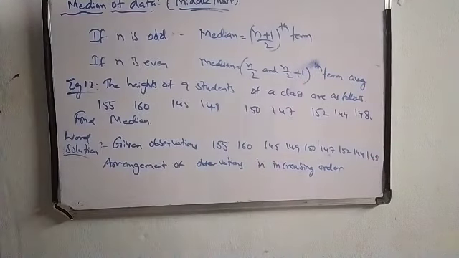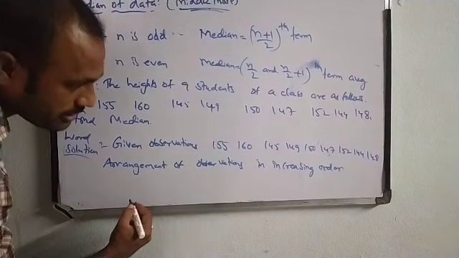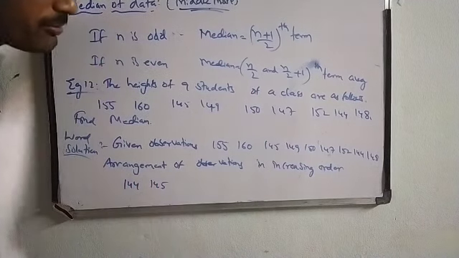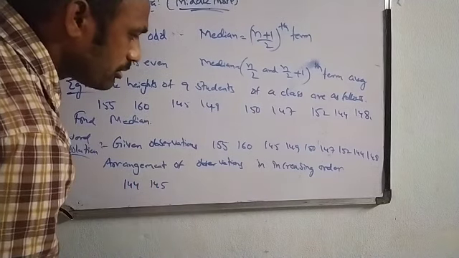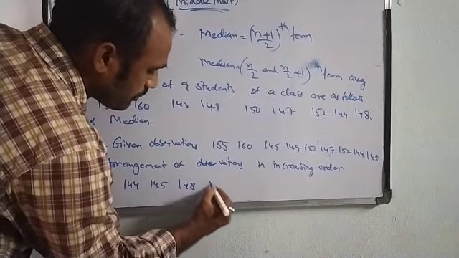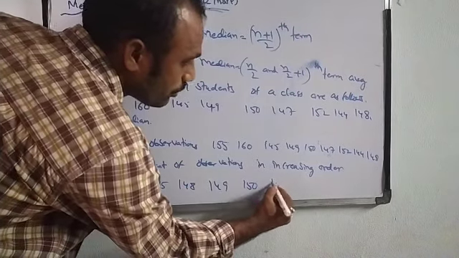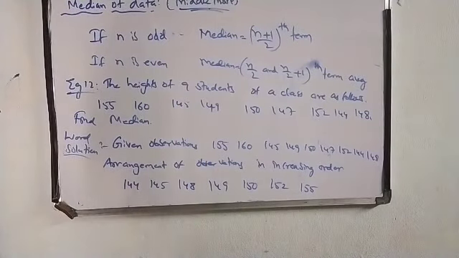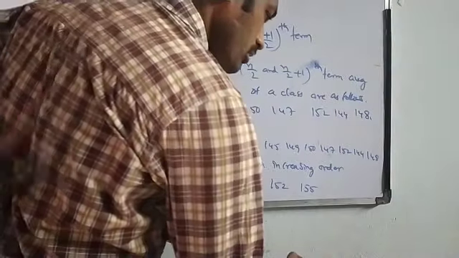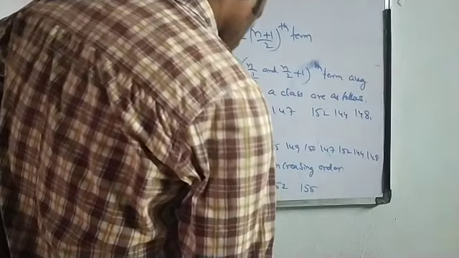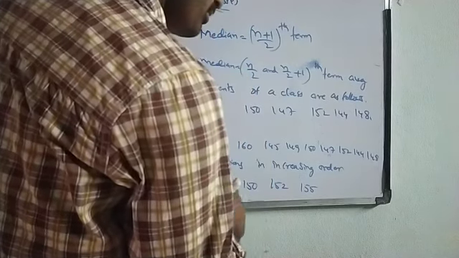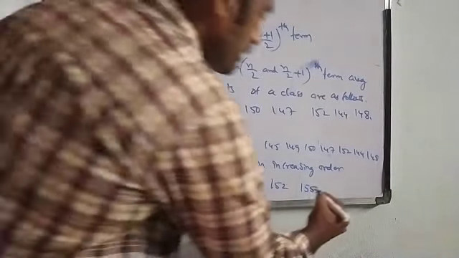If you are arranging the observations in increasing order, the smallest number is 144. So 144, 145, 148, 149, 150, 152, 155. Okay, next we have 160.